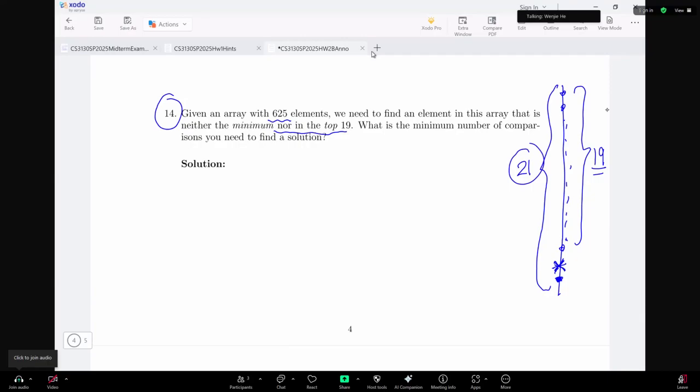In these 21 elements, the targeting one, so this is the target, is the second smallest, right? Second smallest. Do we have the formula to find the second smallest element?